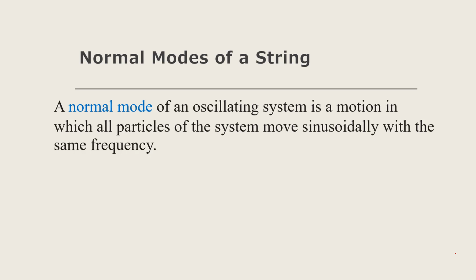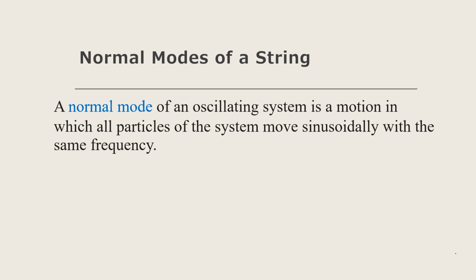Displacement nodes will be formed at both ends and at every half wavelength. We can satisfy this condition by adjusting the string length to fit an integral number of half wavelengths, or by setting up a particular wave whose half wavelengths will fit into the fixed length of the string.